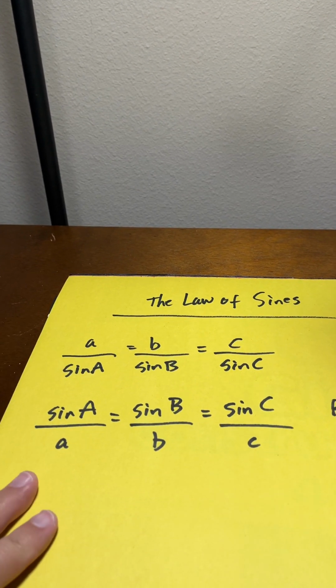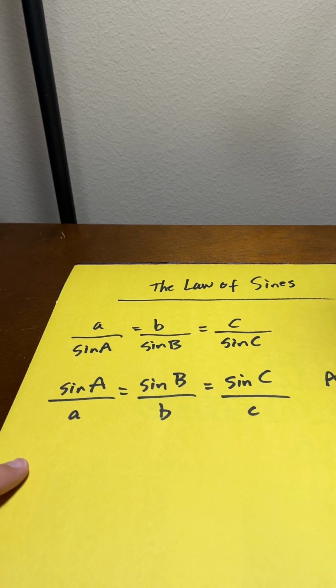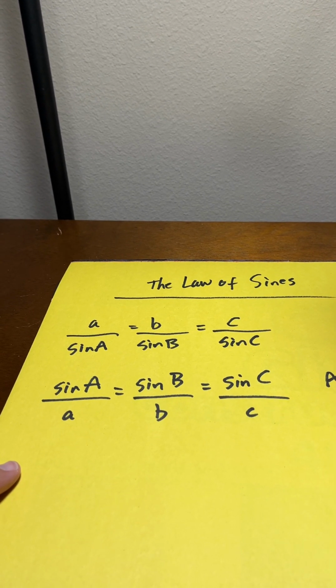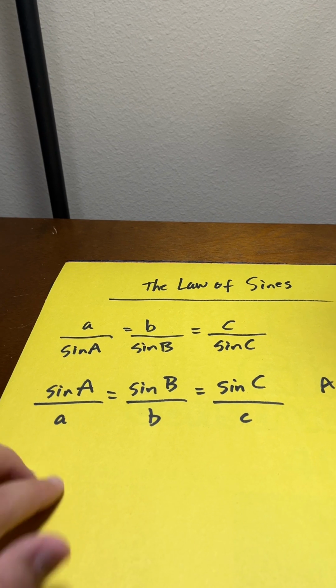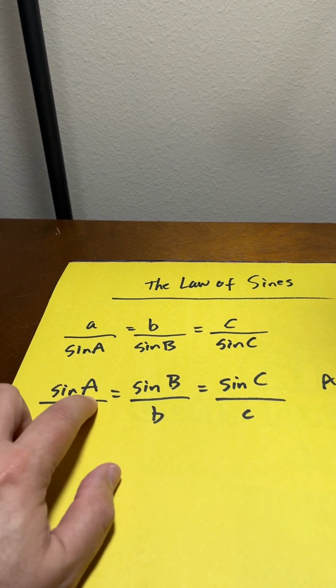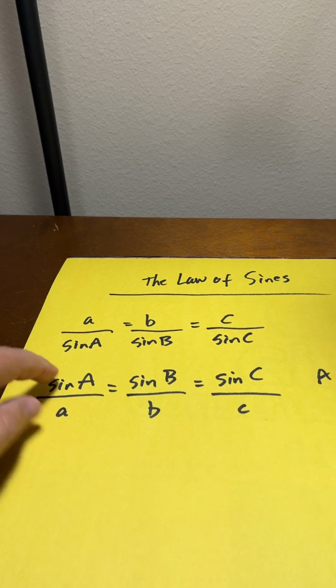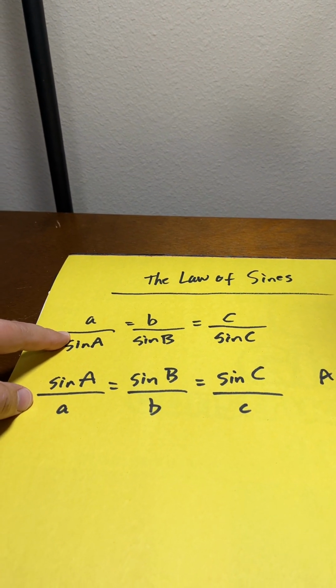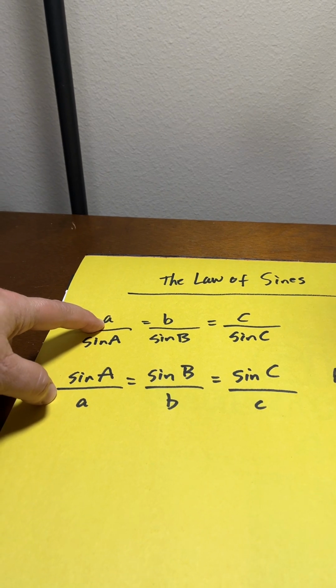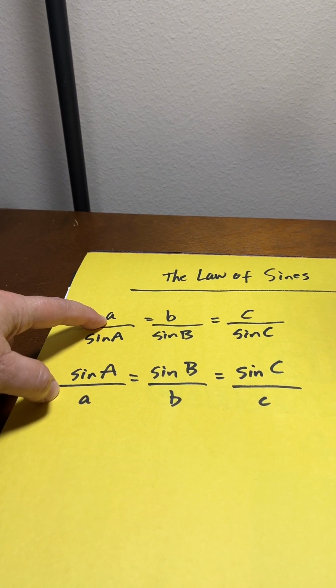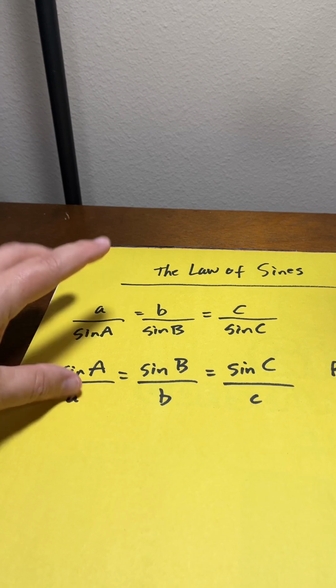I think I would tend to do it so that the unknown value is on top. So if you're trying to find angle A, I would use this one down here if I knew side A, but I would use this one up here if I was looking for side A and didn't know it. So it just depends.